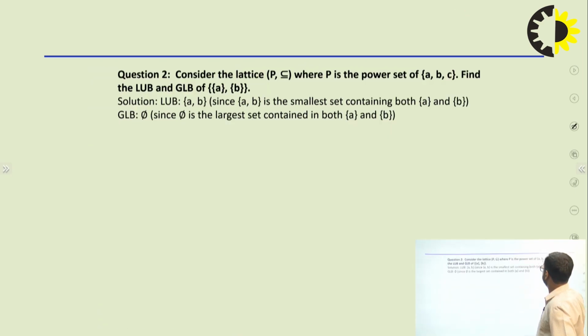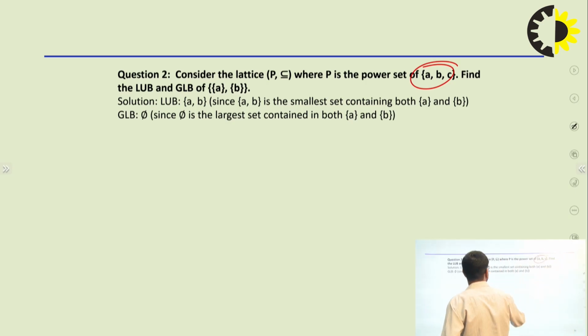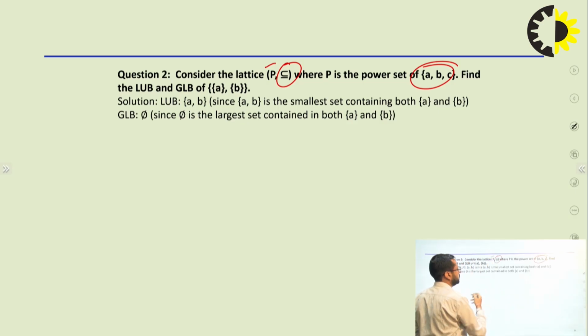A question is given that there are 3 elements A, B, C, and we have the GLB and LUB for A and B. We prepare the lattice with subset connections, so we know that is the power set. P represents the power set.